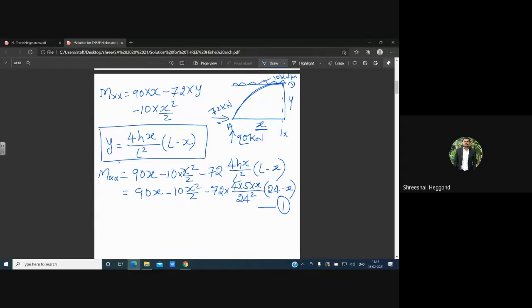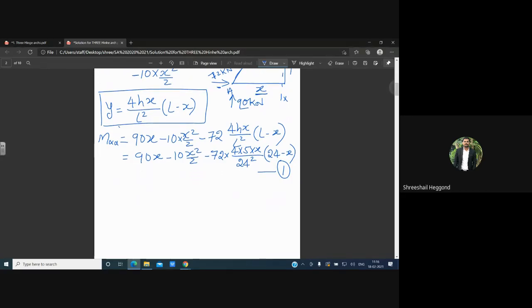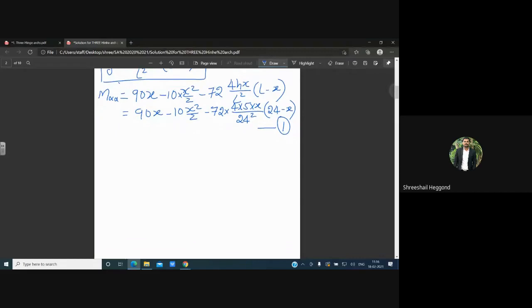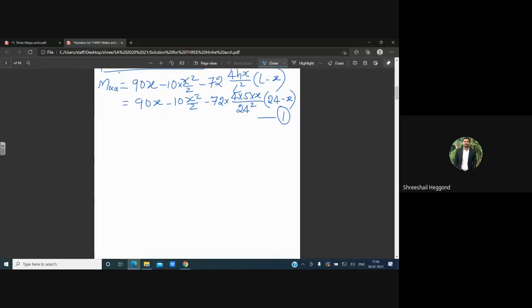Or the moment about any point, x point or any point in the structure, if you are finding the derivative of it, it will give the slope, and that will be always 0 where the maximum bending moment will be there. That can be calculated as dMx divided by dx is equal to 0.